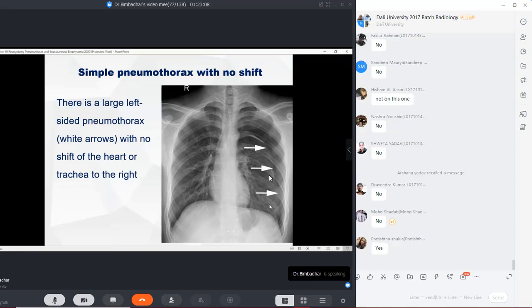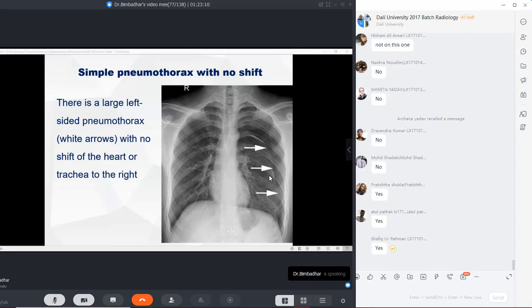All the bronchi are brought together, and that area is increased in density, which suggests that the lung is retracted towards the hilum. You see it has the apex and the base towards the pleural line, and this visceral pleural line is running parallel to the chest wall, with absent lung markings and hyperlucency over the rib shadows.